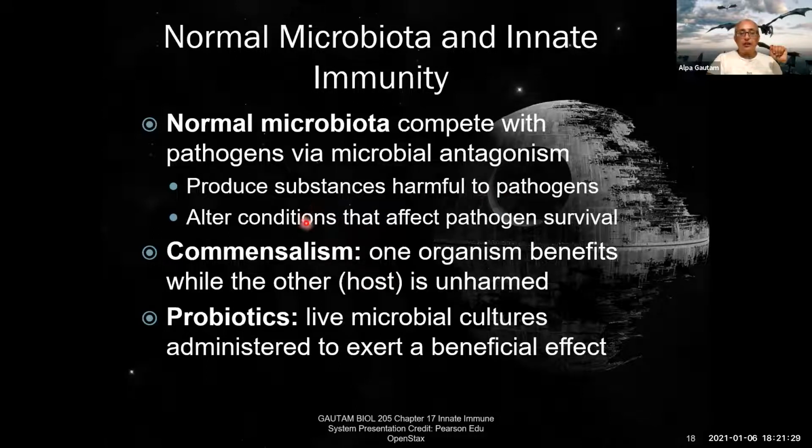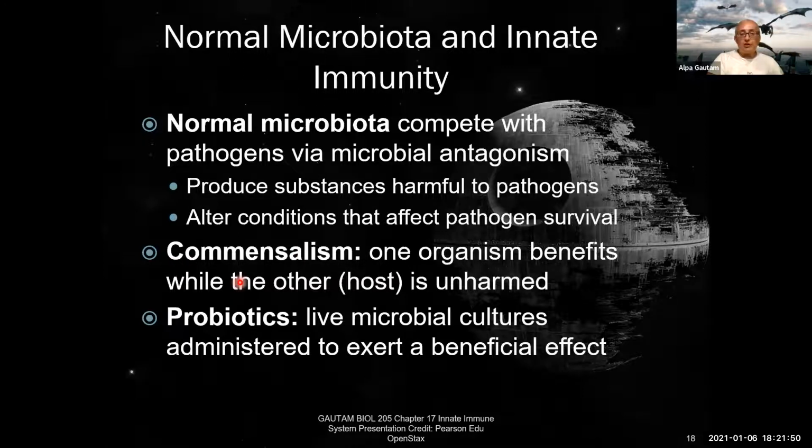And they alter the conditions that affect the pathogen's survival, right? So they can produce and release acidic secretions and what have you. So they kind of keep each other in check. Okay, so this is how the normal microbiome is also part of our immune system.